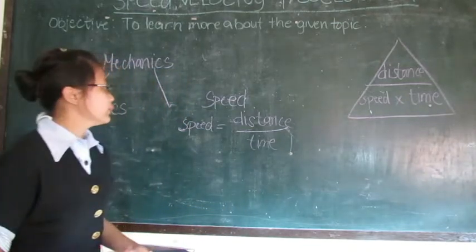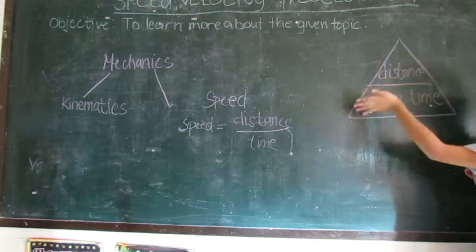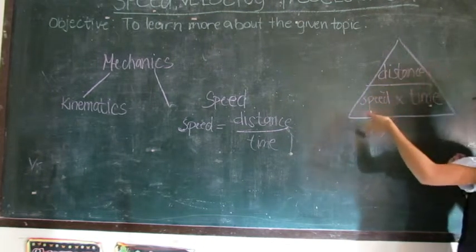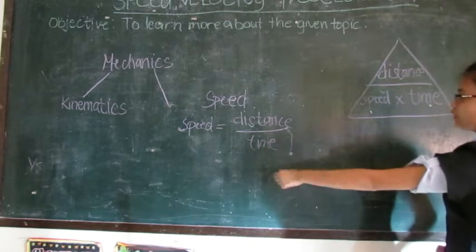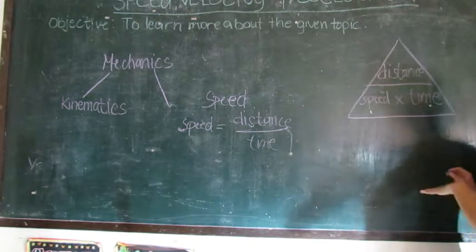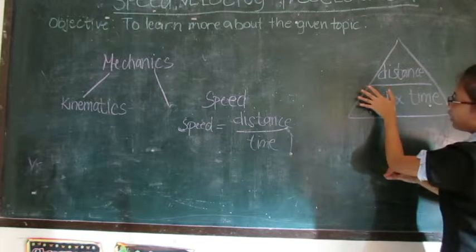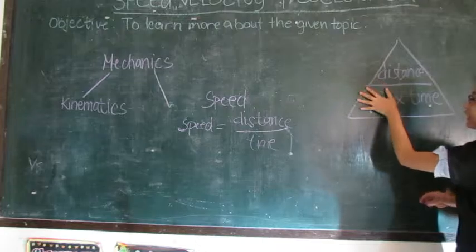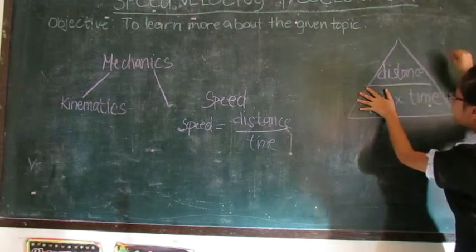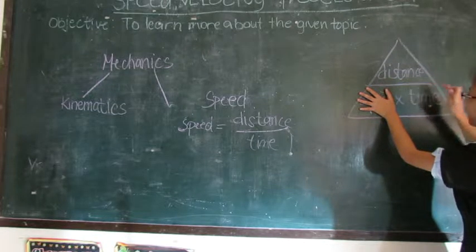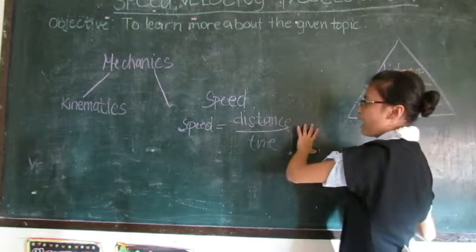To understand this equation, this table can help us know the formula of the speed. For example, when we look for the equation for the speed, we just need to cover the speed, and then we can find that it is distance over time. So this is how we derive the formula of speed.